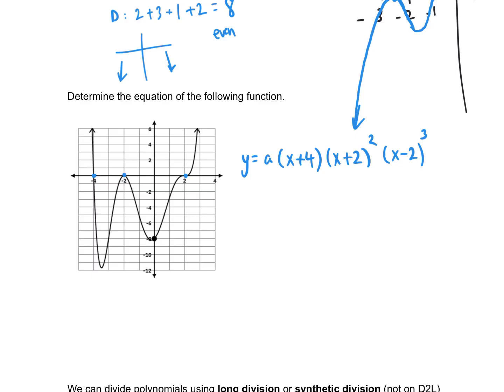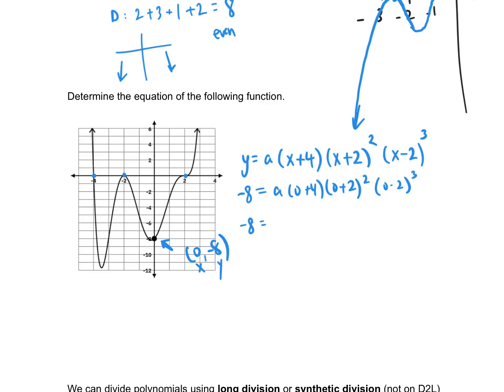Okay? And now, if I know a point on this function, I can sub it in and then solve for a. And we do. We have this nice y-intercept. So I'm going to replace x with 0, y with negative 8. And now I'm going to clean up.